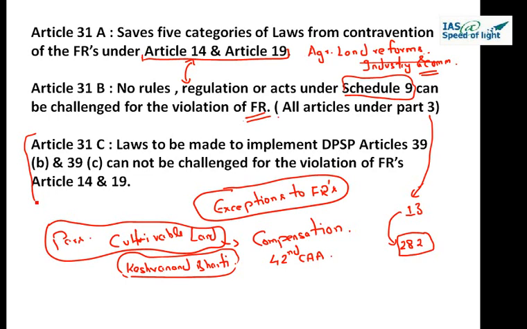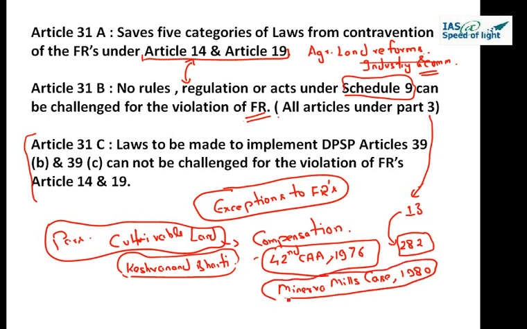But this 42nd Amendment Act, 1976, extended the scope, and it said if any directive principle is implemented, it cannot be considered a violation of fundamental rights. Again, this was held unconstitutional by the court in the Minerva Mills case, 1980.